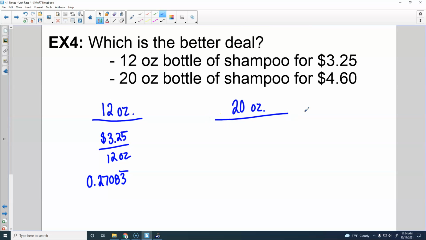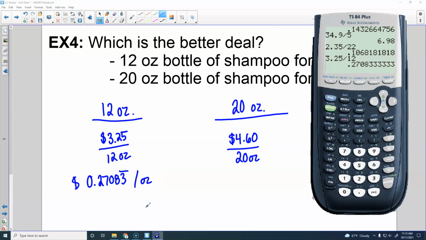So, Vince, what would I do for the 20-ounce bottle? What would I calculate here? Good. And I should have put dollars per ounce here.